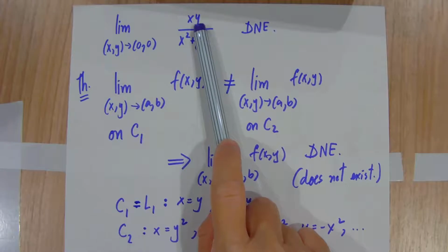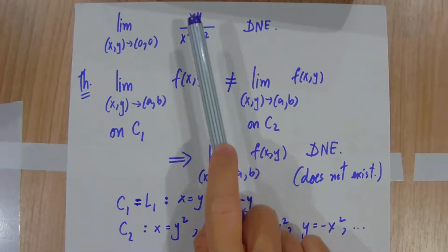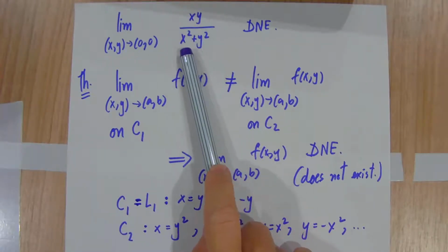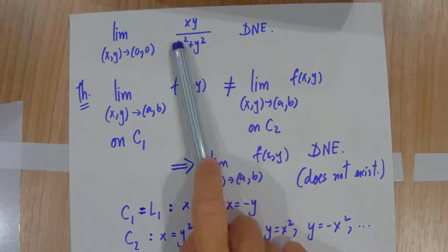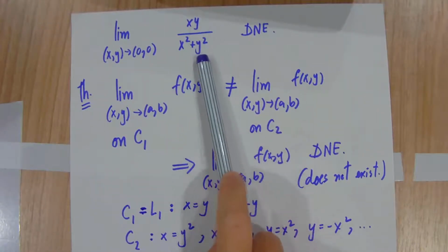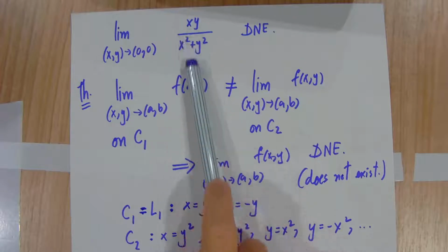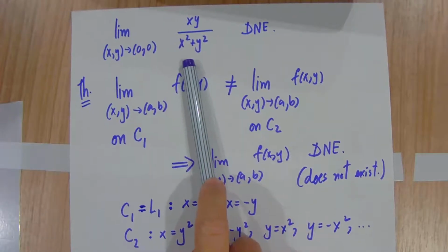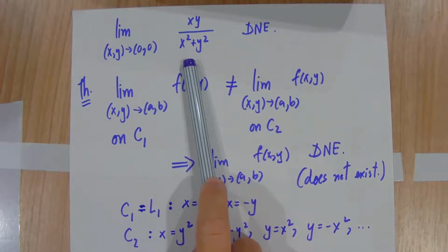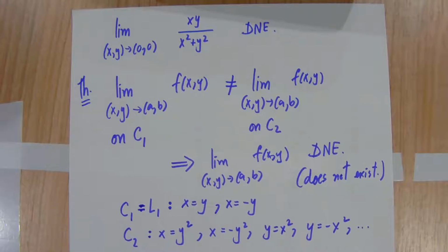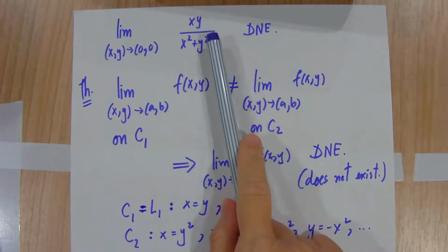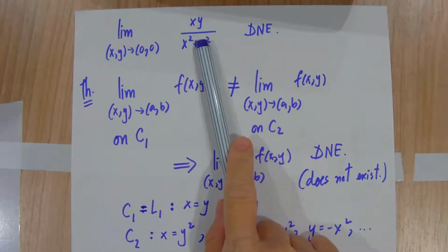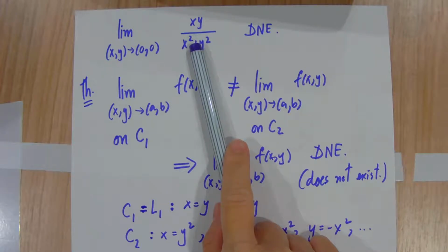Then the highest degree of the top term is 2, and the highest degree of the bottom term, the denominator, is also 2, so both are equal. If both are equal, most of the time the limit does not exist, but not for every case, there are also exception cases.